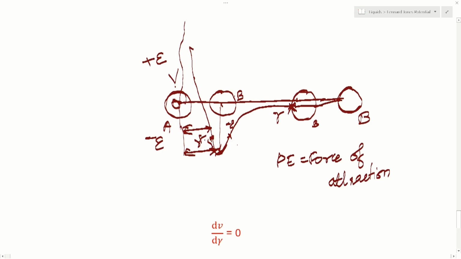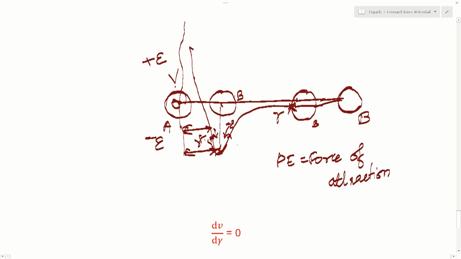When it dips into the well, there is a chance to fall down, so the molecule will go towards the potential well, and the potential energy will be due to the force of attraction.